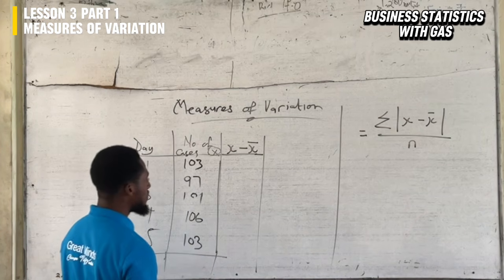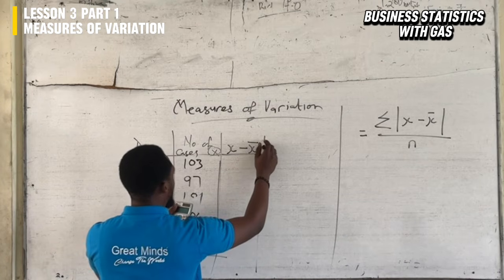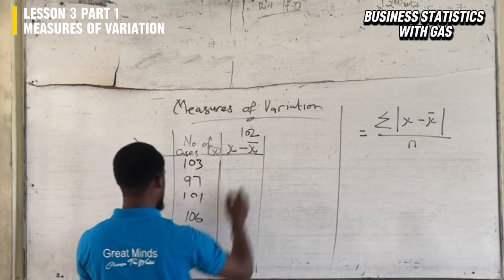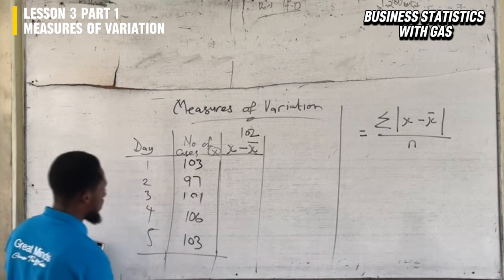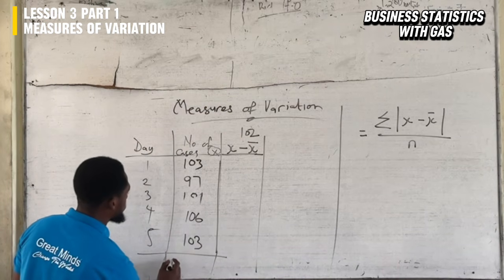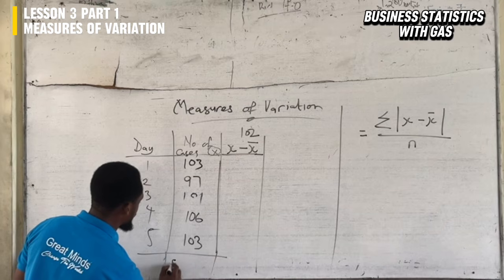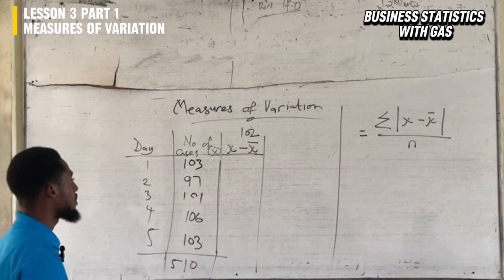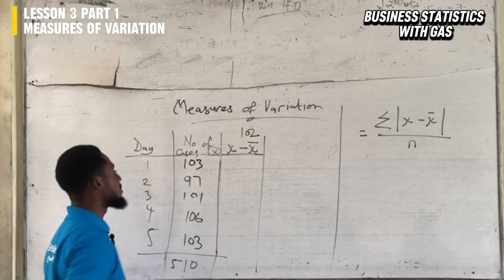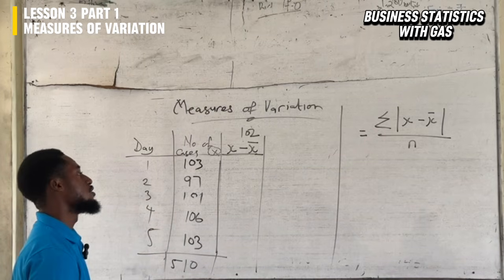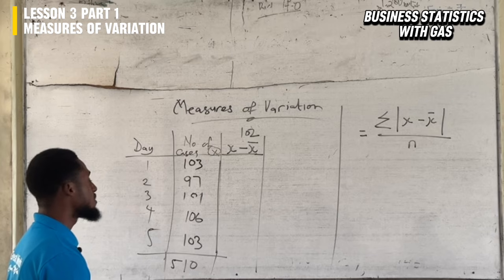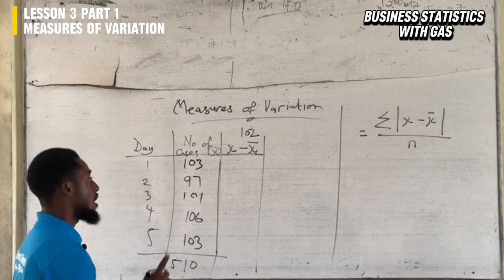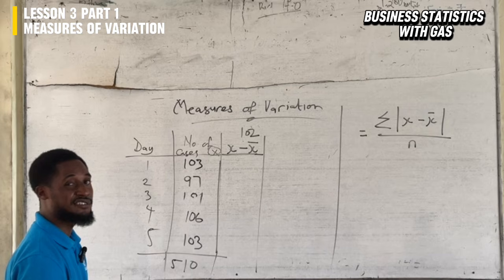Our arithmetic mean is 102. Now let's do our calculation: you take your arithmetic mean from your x, and we've calculated our arithmetic mean to be 102.